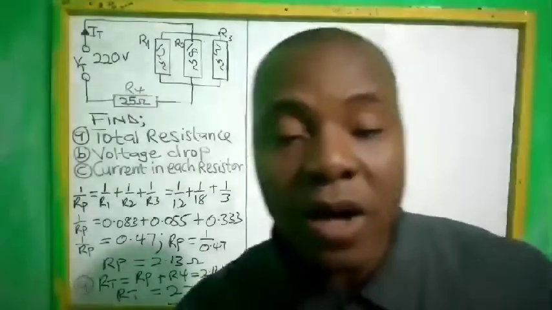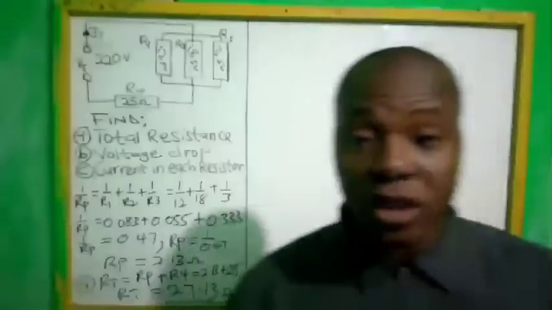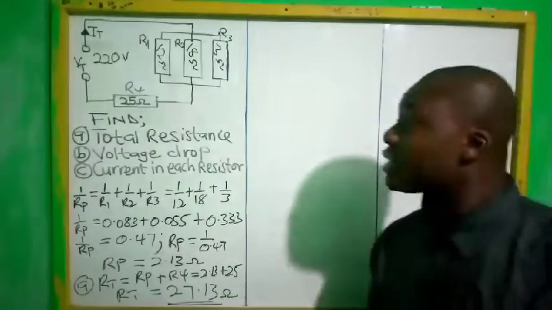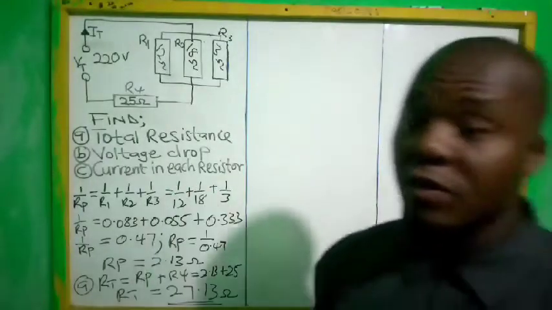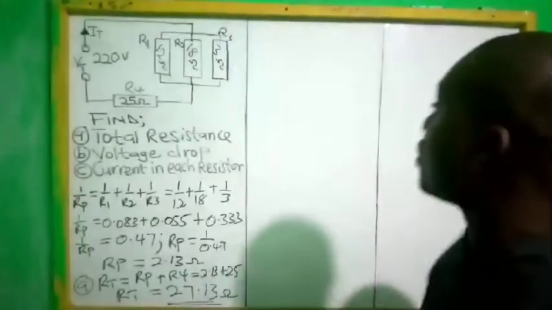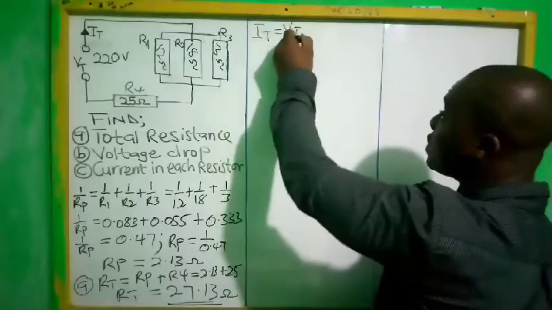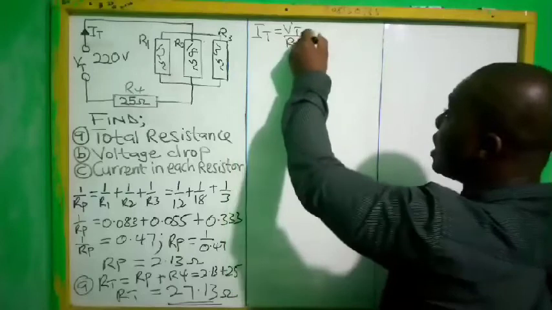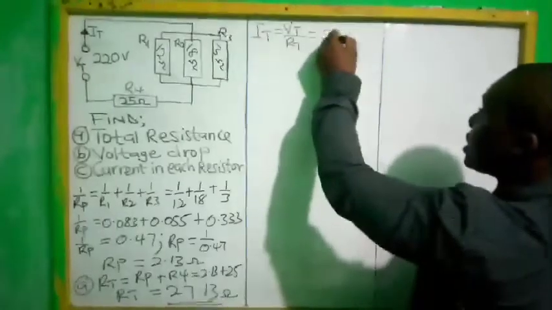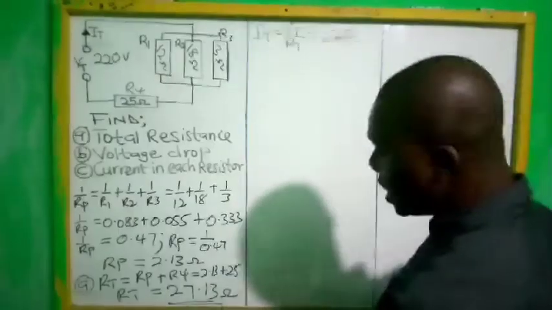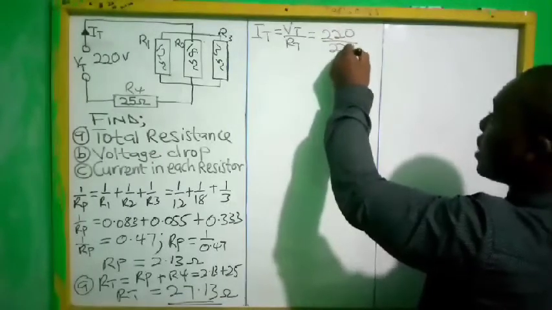Now that we have our total resistance, let's look for the voltage drop. But before then, we don't have the total current. We know total current is total voltage over total resistance. Our total voltage is 220 and our total resistance is 27.13.